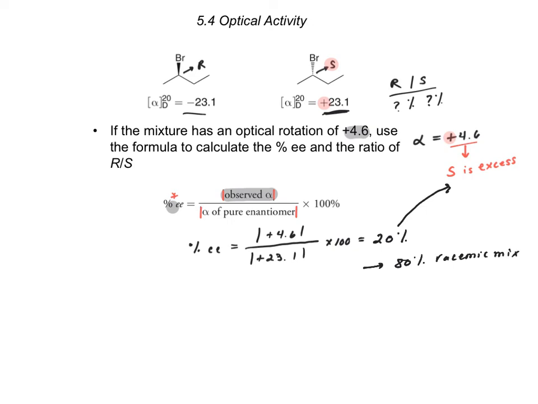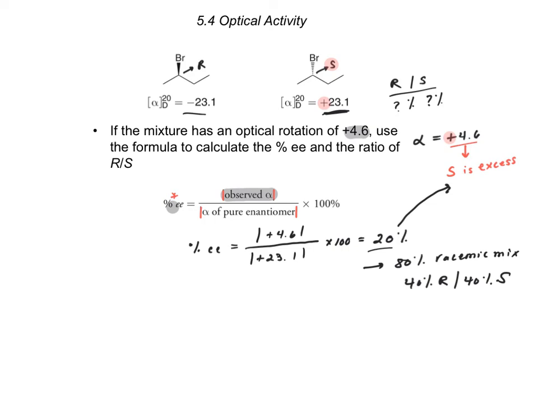And in a racemic mixture, we have equal amounts of both R and S. Again, those guys are canceling each other out, and so we're only seeing that excess enantiomer 20% of the time, or 20% relative to the pure enantiomer. So if 80% of this is a racemic mixture, that means that 40% of it is R and 40% of it is S.